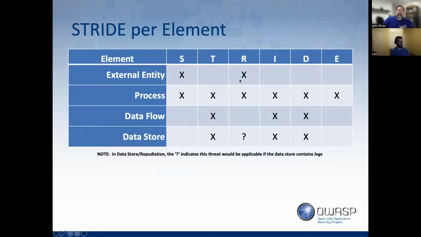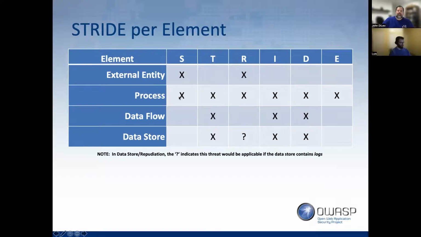If someone could perform an action through an external interface and then deny doing it, how would that impact us? For data flows, it's about tampering, information disclosure, and denial of service. Likewise with data stores, the question mark in repudiation is, well, if the data store also contains logs, like a database management system would, what if they could tamper with the log data? Now they can achieve repudiation.